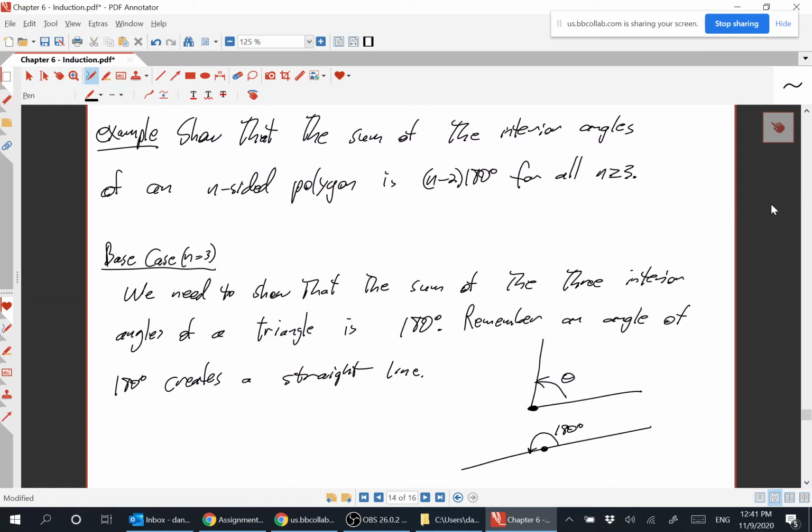What's the statement with the variable n?